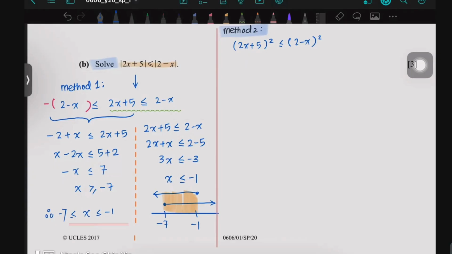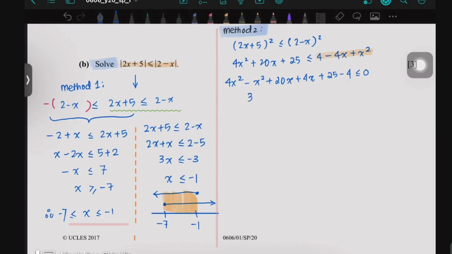So you expand the bracket. 4x squared plus 20x plus 25 less than or equal to 4 minus 4x plus x squared. Okay, move over everything from the right hand side to the left. So what you get here is 4x squared minus x squared plus 20x plus 4x plus 25 minus 4 less than or equal to 0.